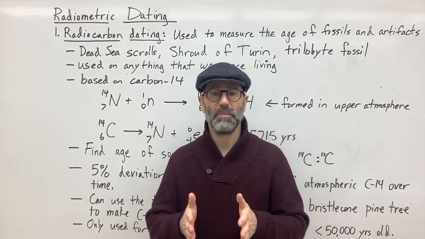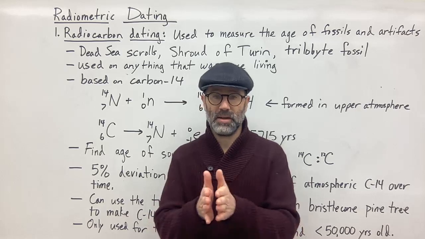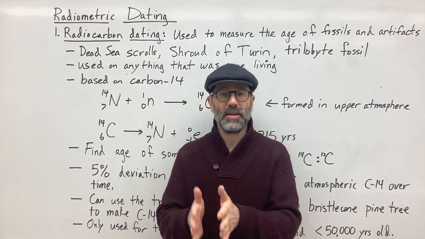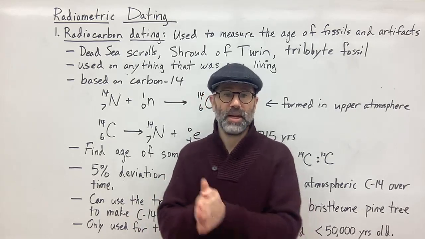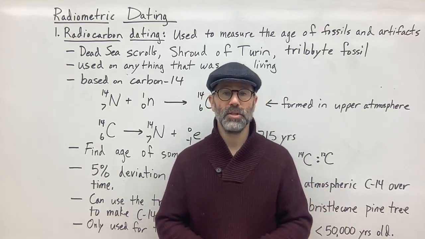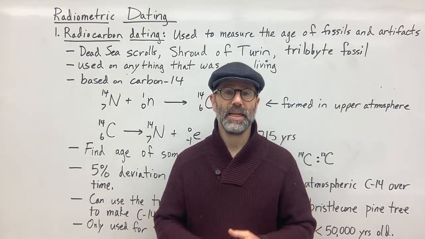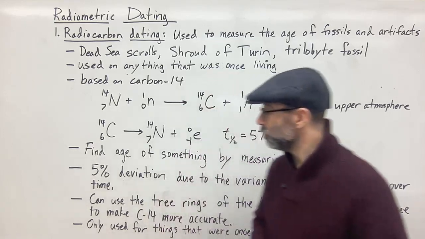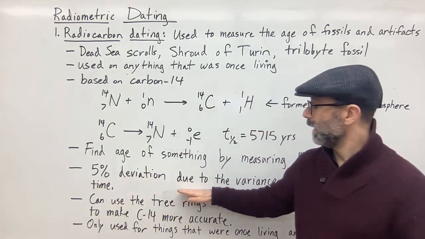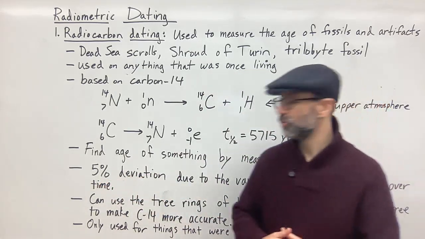So if there's an overlap between a dead tree and then a living tree, we can then chain them together like a chain because they're overlapping, and we can go back further in time to measure the amount of carbon 14 in each of those years, and then we can use that to correct and make carbon 14 dating more accurate compared to the tree rings.